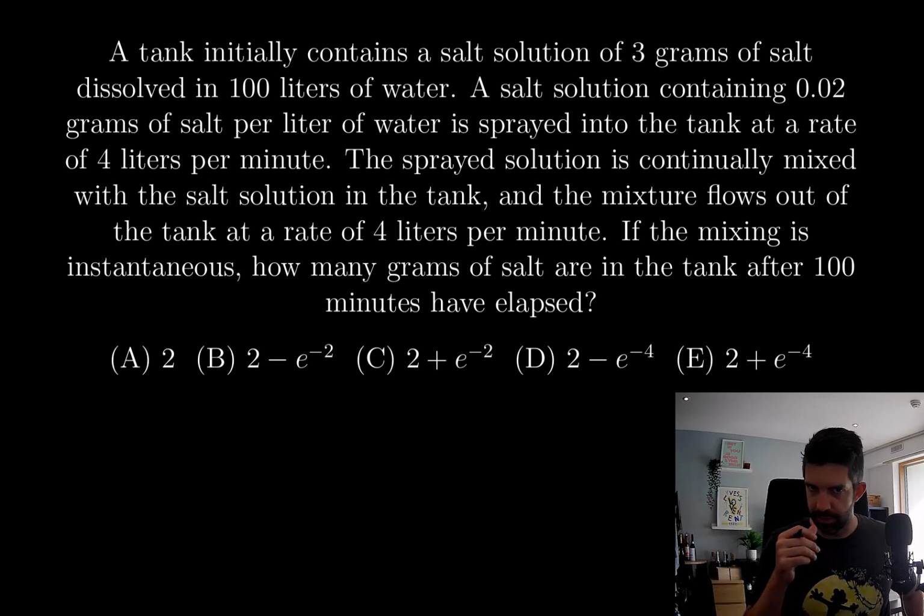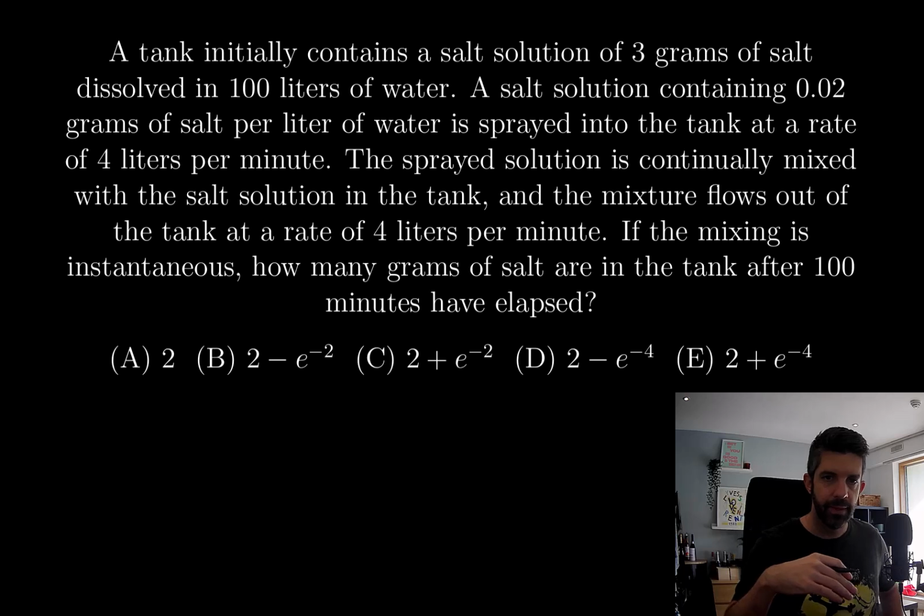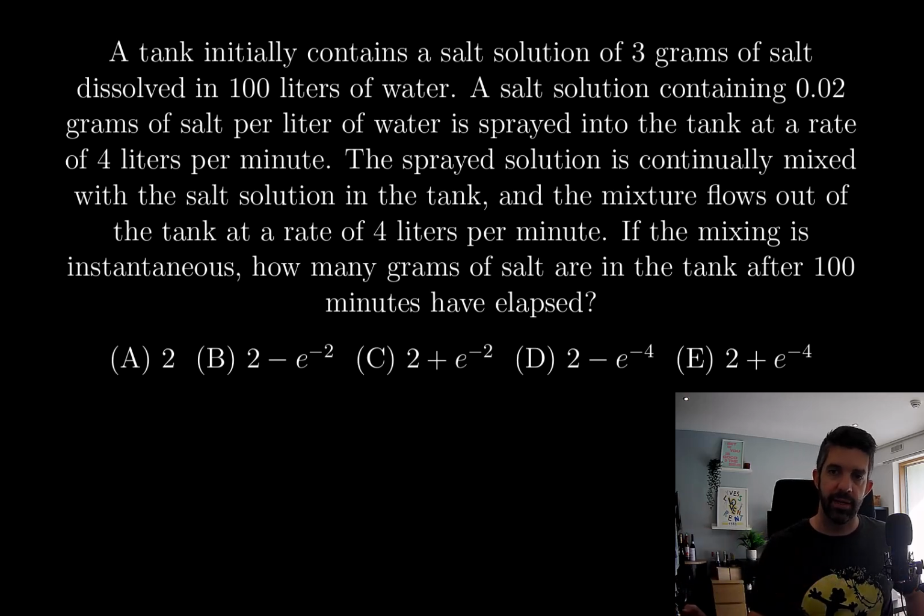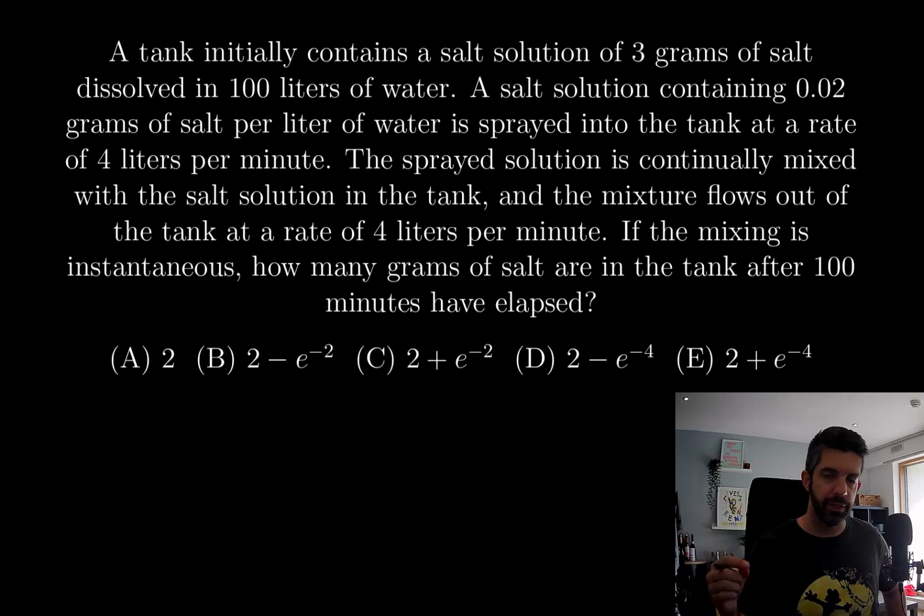And the spray of water that's coming in has 0.02 grams of salt per liter. It also tells us the rate at which salt is being put in, so we can immediately calculate how fast salt is being added to the tank. Then, if the mixture flows out at 4 liters per minute, we'll need another variable which represents the concentration of salt in the water, but that is going to be related to the total amount of salt.